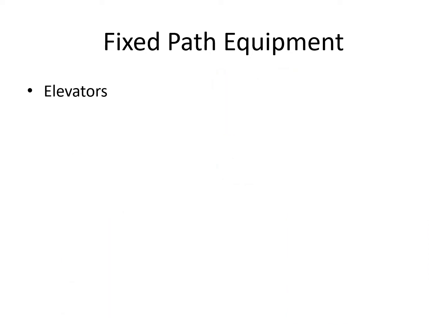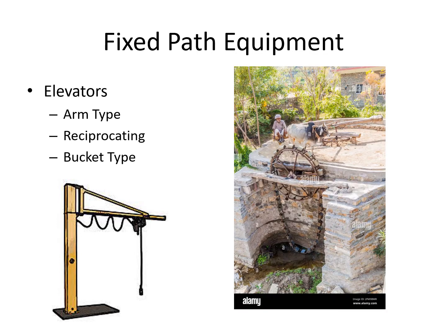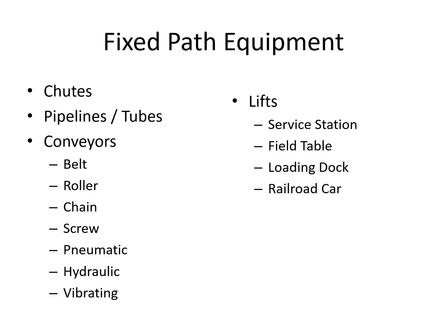Then we have the elevators, which can be the arm type to lift the material up and down, reciprocating type or the bucket type. You might have seen the bucket type of elevators in villages which is used to draw water.